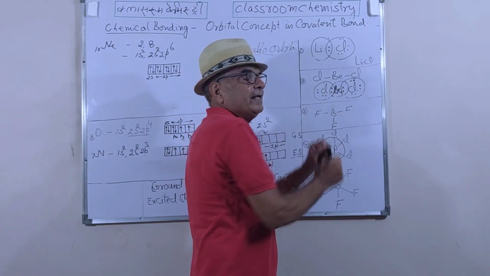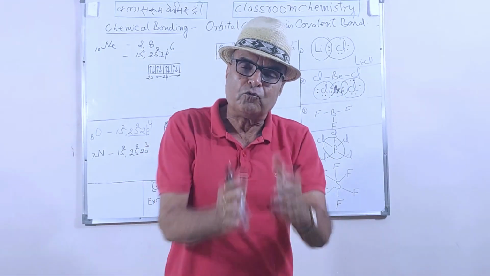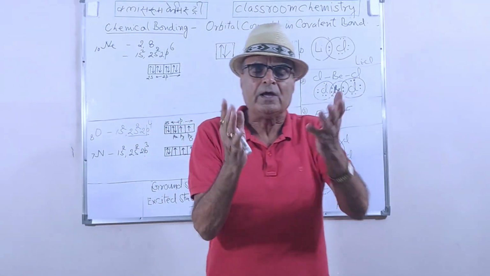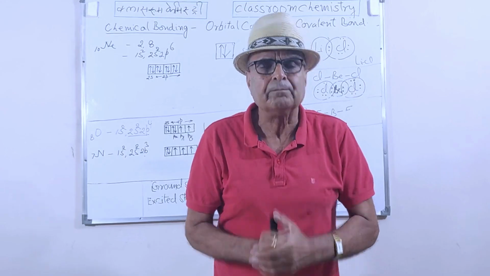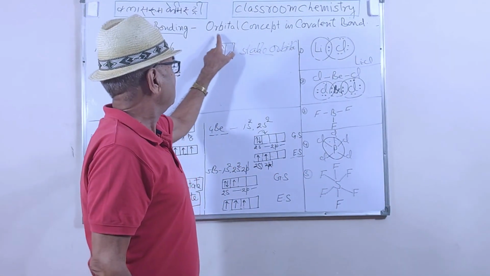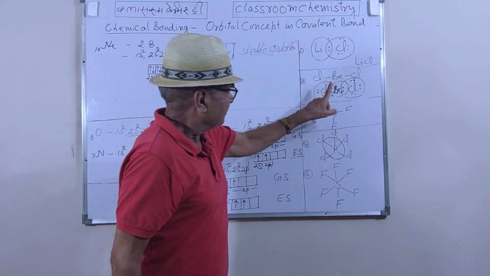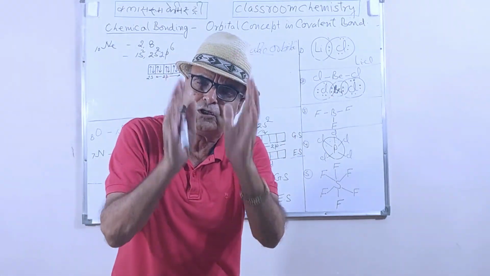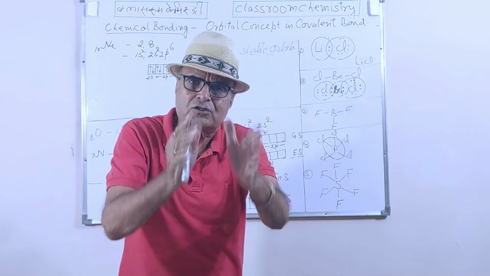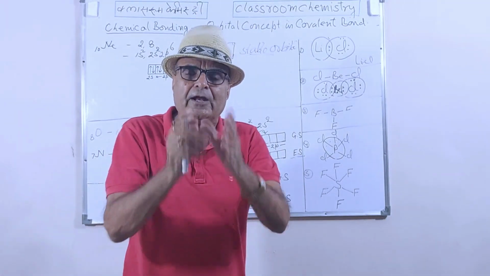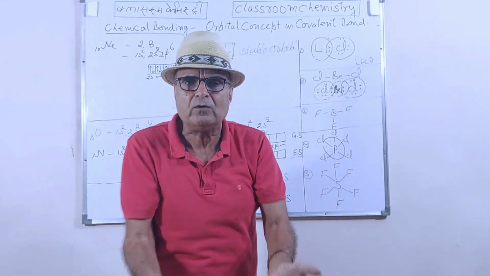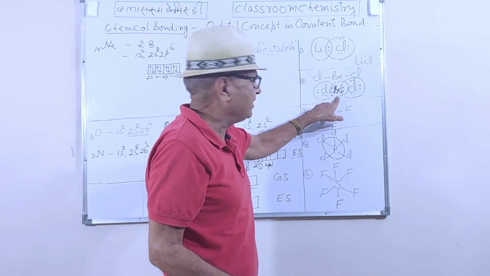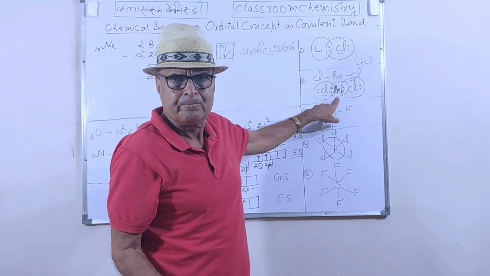Now beryllium has 4 electrons, so according to the octet rule it can't be stable. But according to the orbital concept, both orbitals in the outermost shell of beryllium have 2 electrons, and when there are 2 electrons in one orbital, that orbital is stable. So this beryllium is also stable.